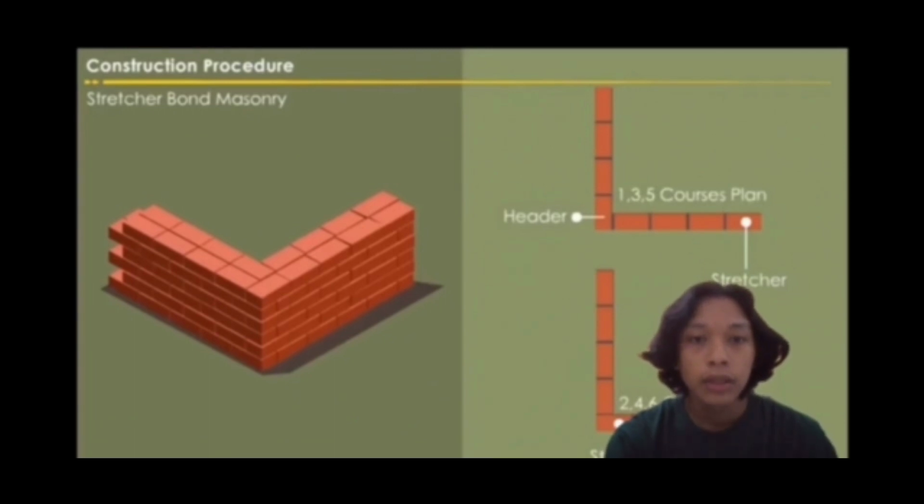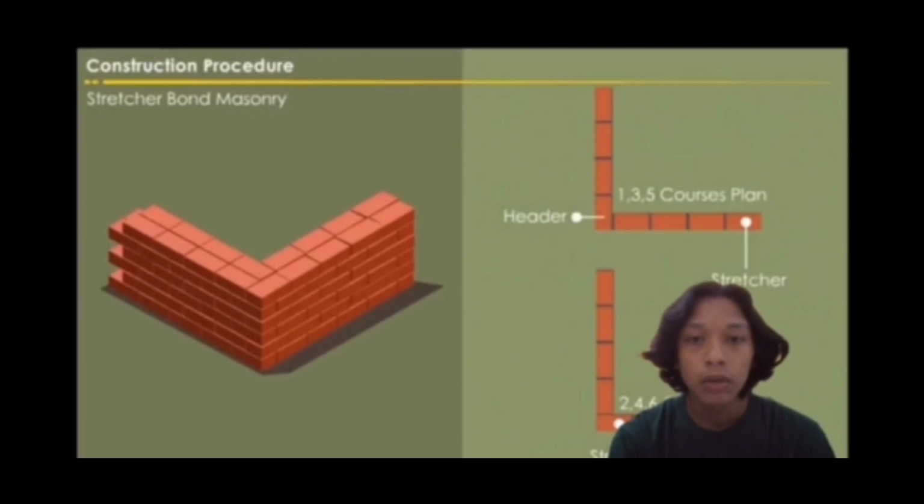Walls constructed with stretcher bonds are not stable enough to stand alone in case of longer span and height. Thus, they need supporting structures such as brick masonry columns at regular intervals. Stretcher bonds are commonly used in steel or reinforced concrete frame structures as the outer facing.